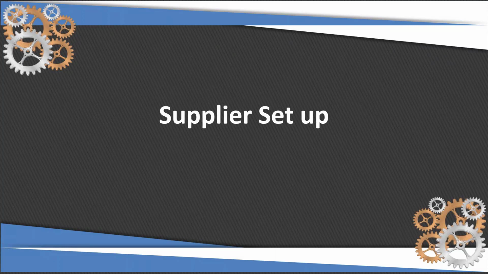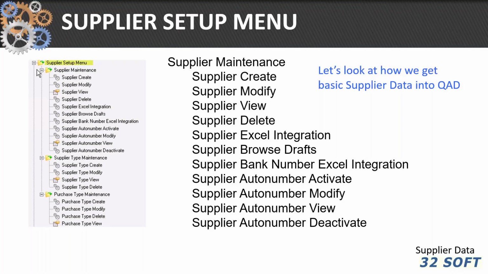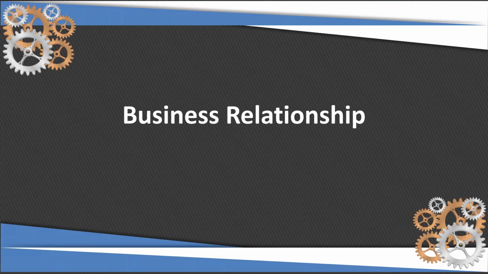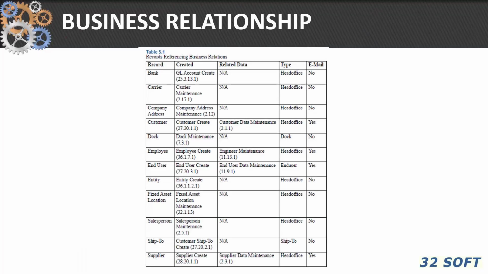So let's talk about supplier setup just quickly. The supplier maintenance menu allows you to create, modify, view, delete, do the Excel integration, and then some auto numbering functionality. But before we look at the supplier, let's talk a little bit about the business relationship.